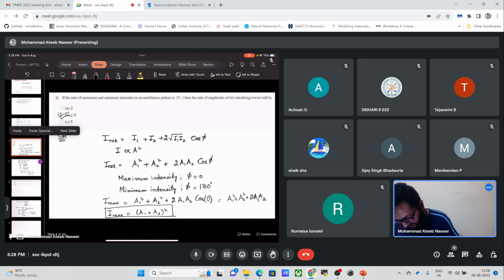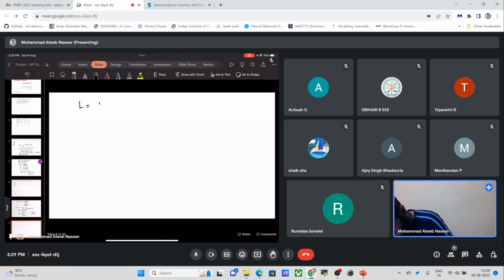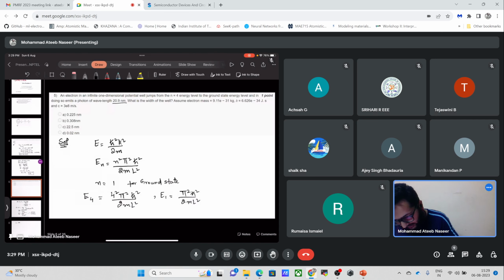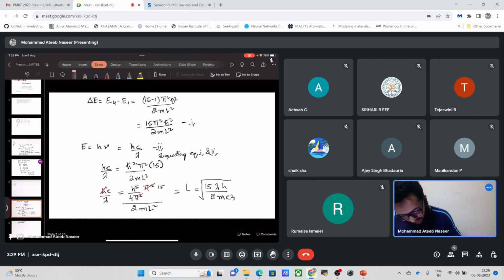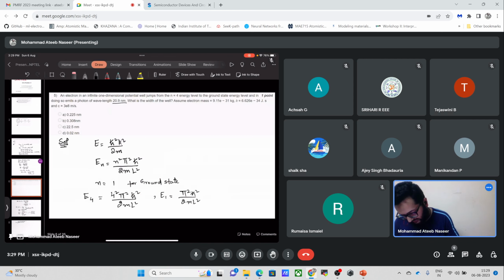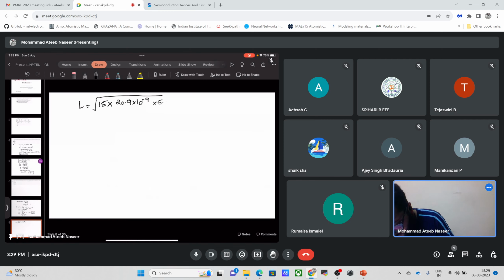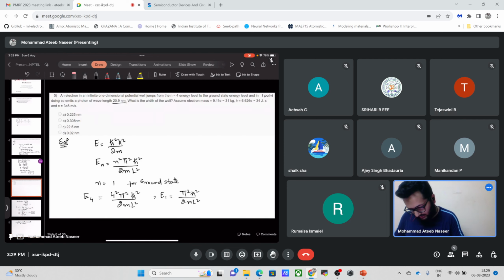So L is equal to 15 times this wavelength, 20.9 nanometer, which is 20.9 into 10 to the power of minus 9 meter, times h, which is 6.626 into 10 to the power minus 34, divided by 8 into m, which is 9.11 into 10 to the power of minus 31, into c, which is 3 into 10 to the power of 8.